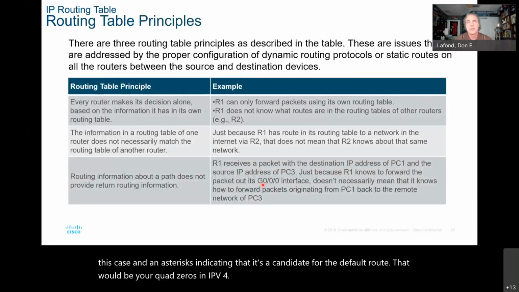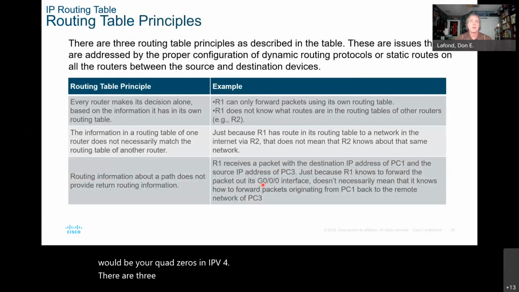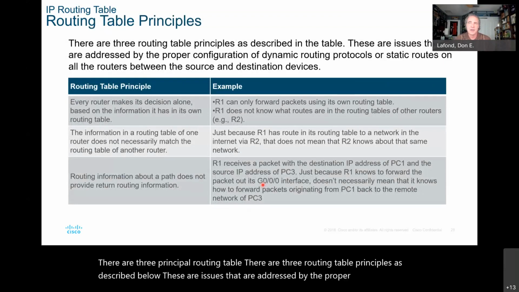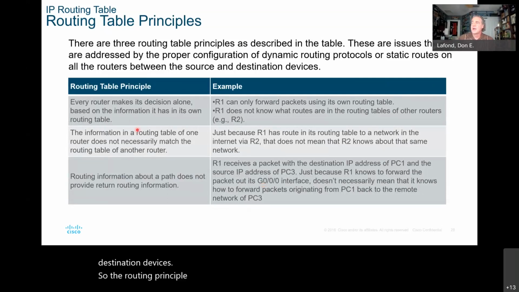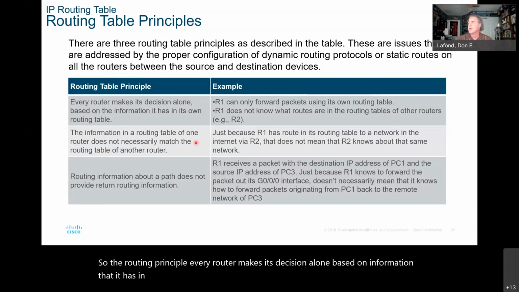There are three routing table principles as described below. These are issues that are addressed by the proper configuration of dynamic routing protocols or static routes on all routers between the source and destination devices. So the first routing principle: every router makes its decision alone, based on information that it has in its own routing table.